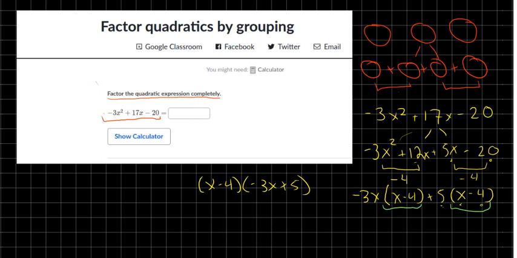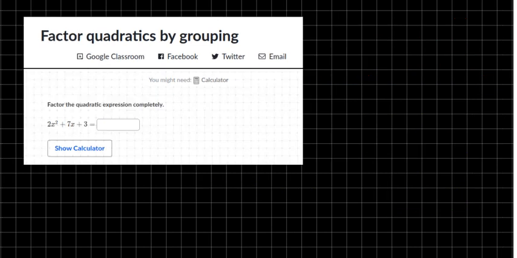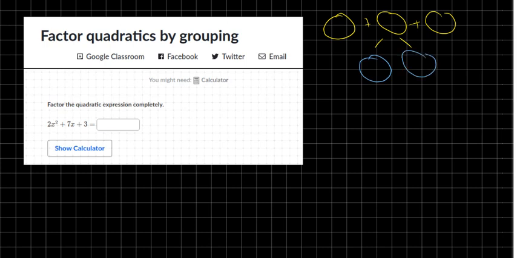Let's try it again. Again, I'm going to have three terms, and I want to divide this middle term up into two terms, and then these first and last terms will stay the same.